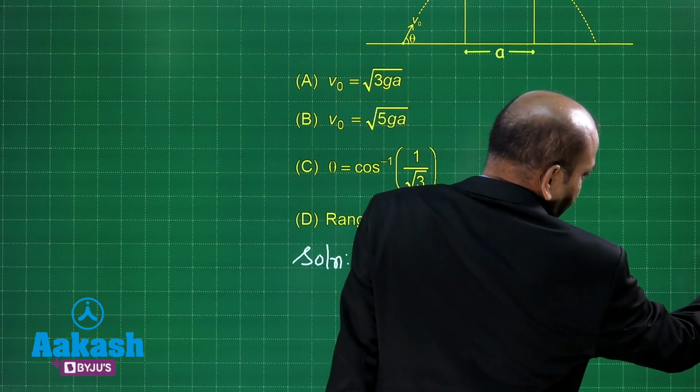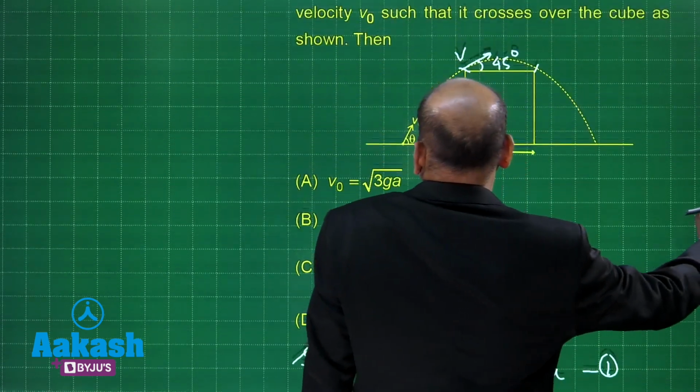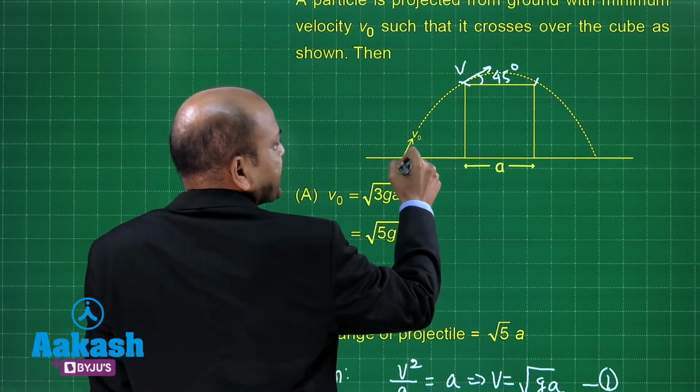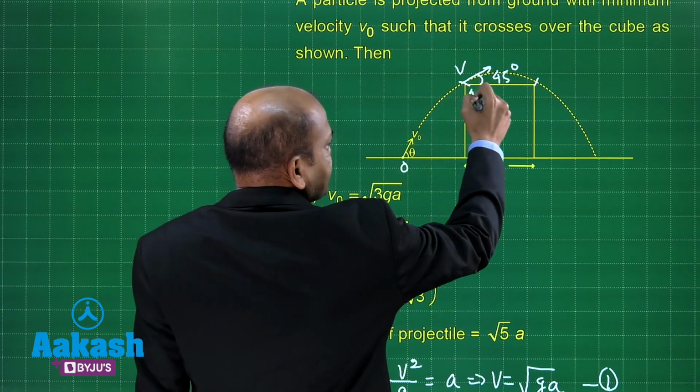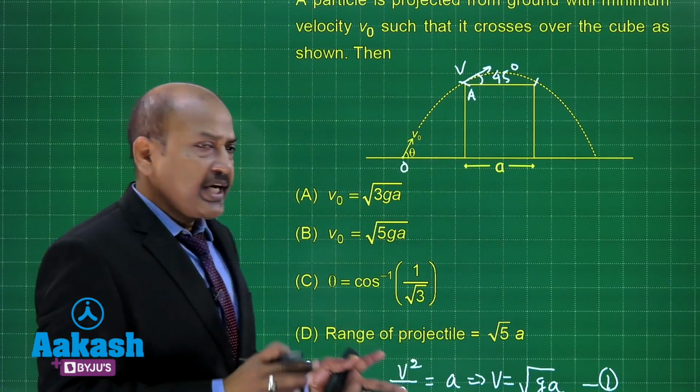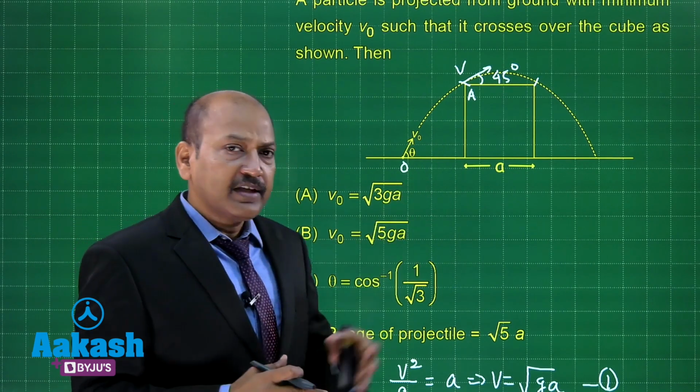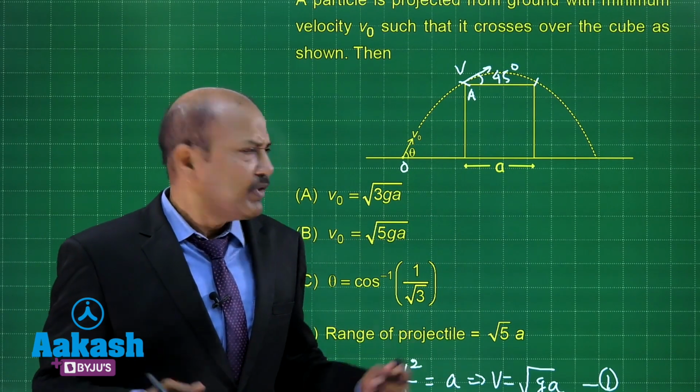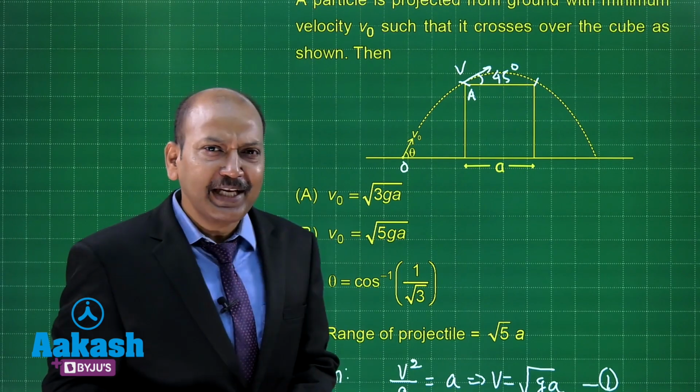Now, if we look at the point of projection, and this point we can call it A, we can get a relation between the speeds at these two points, isn't it? How? Well, we can apply conservation of mechanical energy.